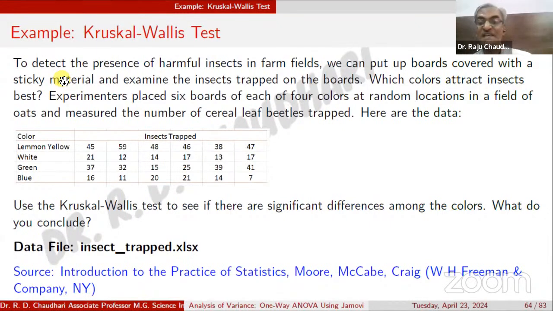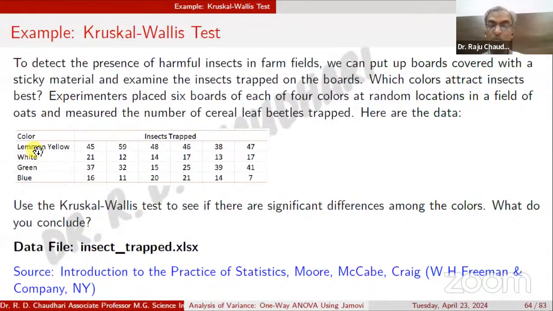The insects trapped on the board are then counted. But the idea is that different colors are used for the boards. Which color attracts the insects?